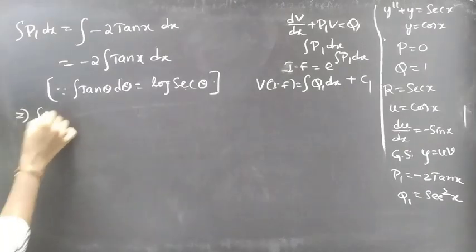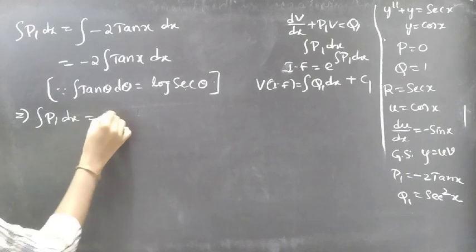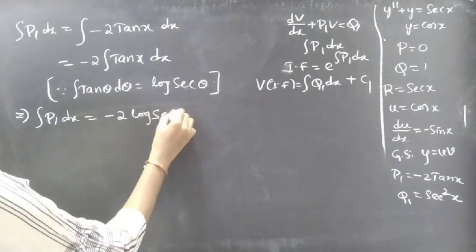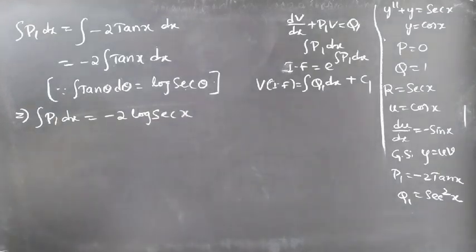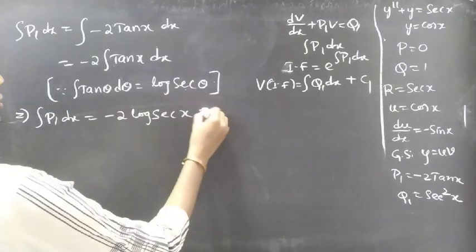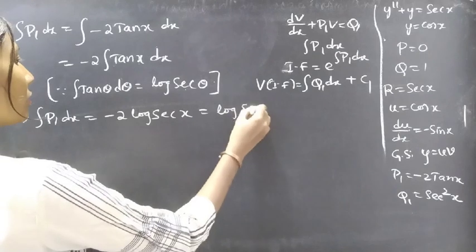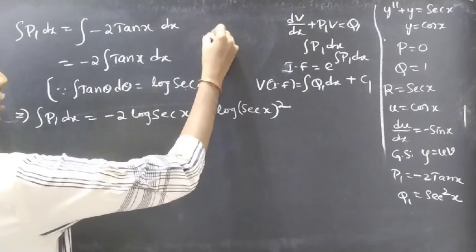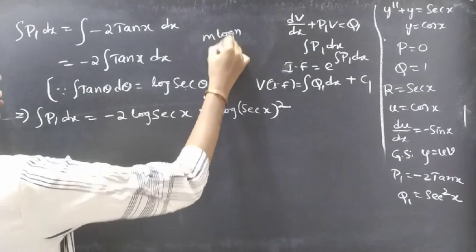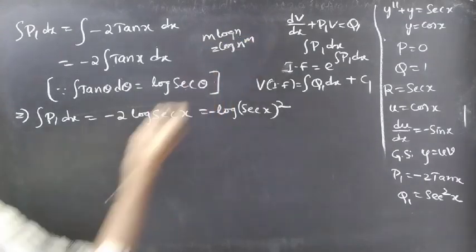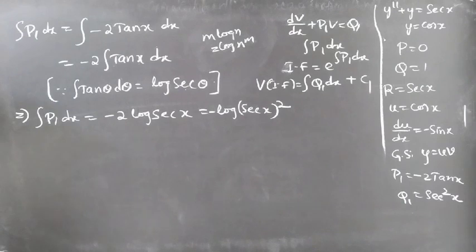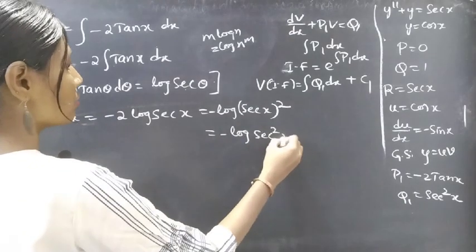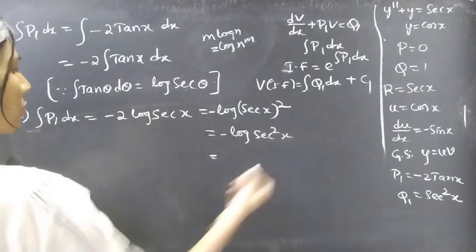Then integral p1 dx equals minus 2 into integral tan x dx, which is log secant x. Or we can write it as log secant x whole square, since m log n equals log n power m, which is equal to minus log secant square x.